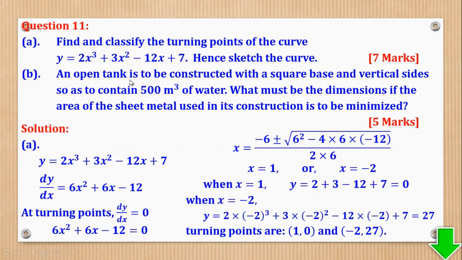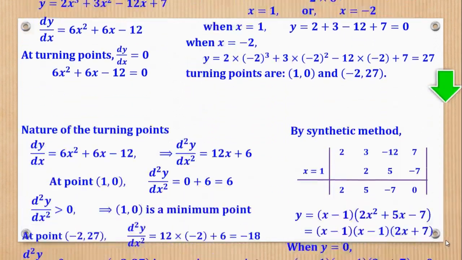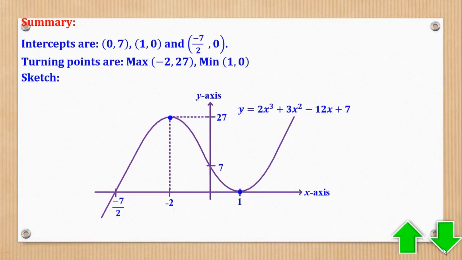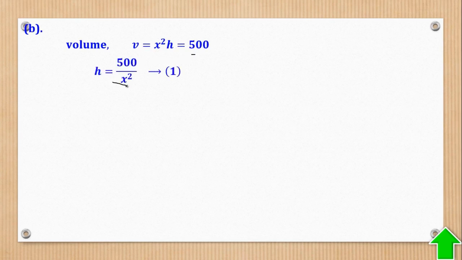So they said open tank and the volume is 500. So volume will be length times width times height to give you 500. Therefore h is equal to that.